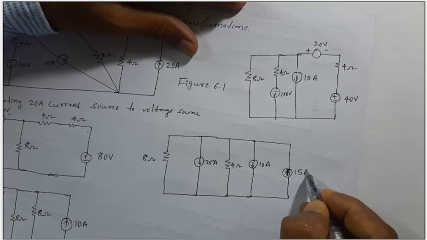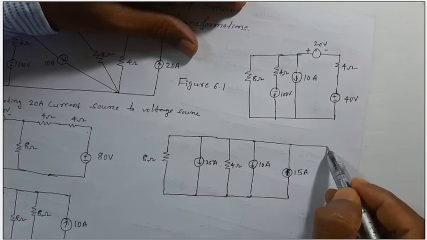This is 15 ampere, and this 4 ohm resistor will be in parallel.